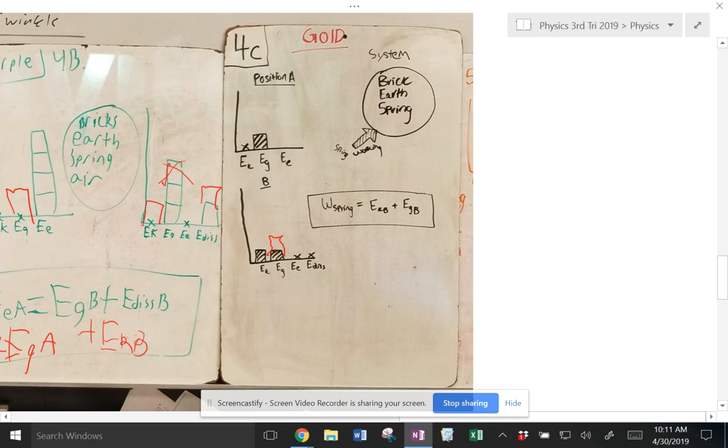And to even it out, the working spring is going to be 2 blocks. So we're going to have 3 blocks in position A: 1 block for gravity and 2 blocks for the spring. And position B is just going to be EK and 2 blocks for E gravity.